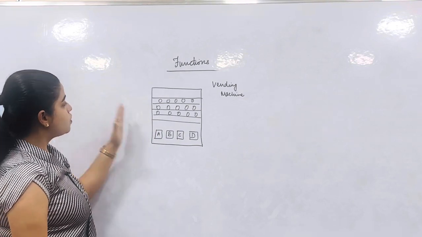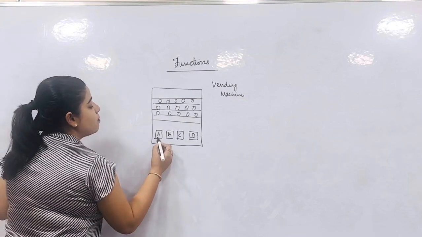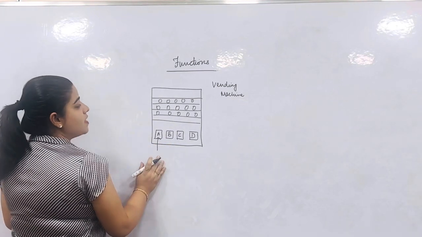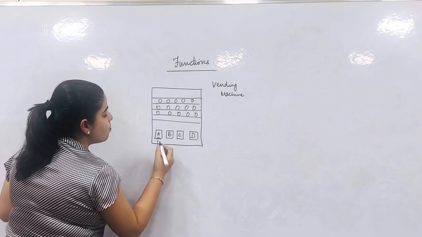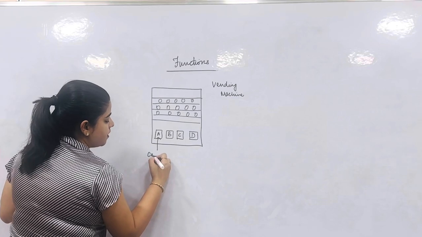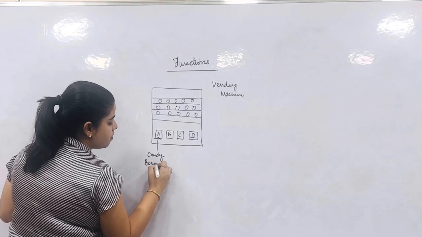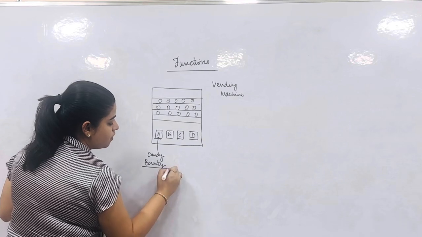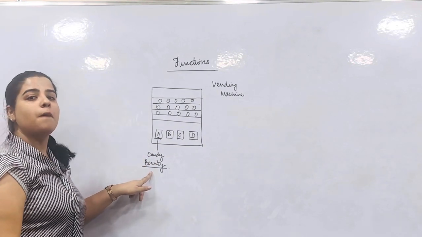So what is exactly a function? When you press button A, you'll get a specific item from the vending machine. Suppose on pressing button A, you're getting a candy known as Bounty.